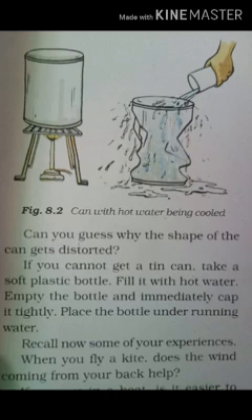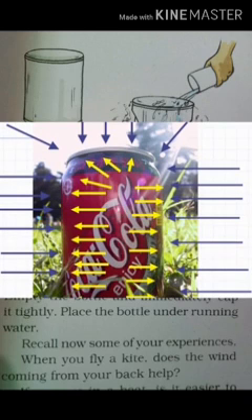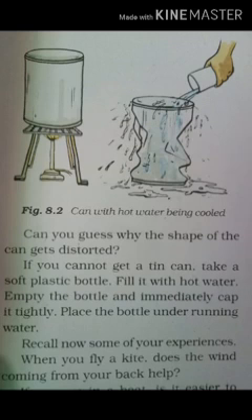The amount of air inside the can also reduces. But the outside air, the air which is outside the can, exerts pressure, and because that pressure is more than what is inside, the can gets distorted. It bends inwards. It gets compressed. And this activity explains that air exerts pressure.